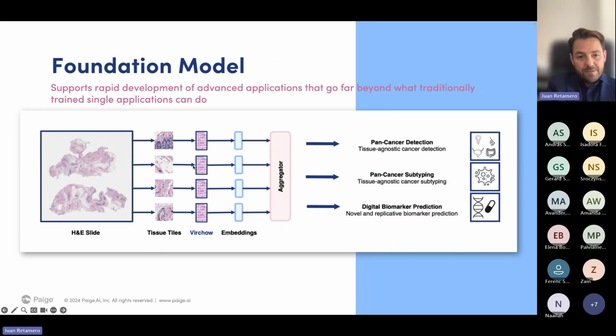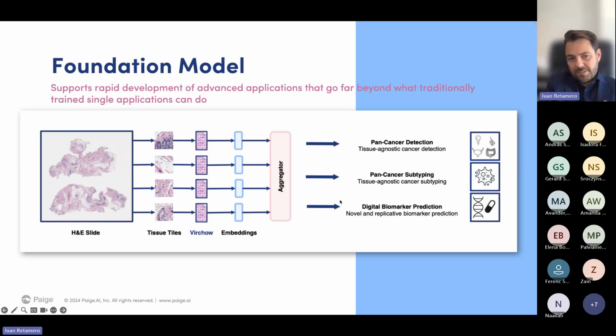From that, the model reads each one of these tiles, and then Virchow generates an embedding for each one of these tiles. An embedding is a vector, a mathematical representation of all the information contained in that tile. And then an aggregator model, which is another AI model, summarizes all of these vectors and provides an output for the slide-level prediction.